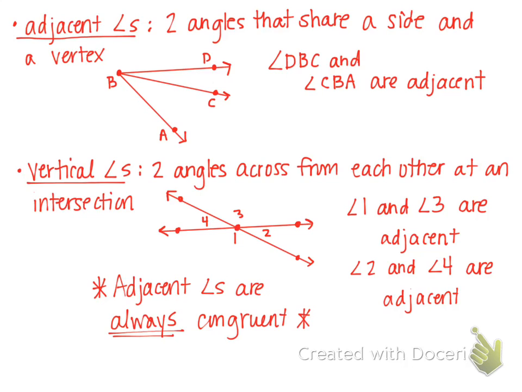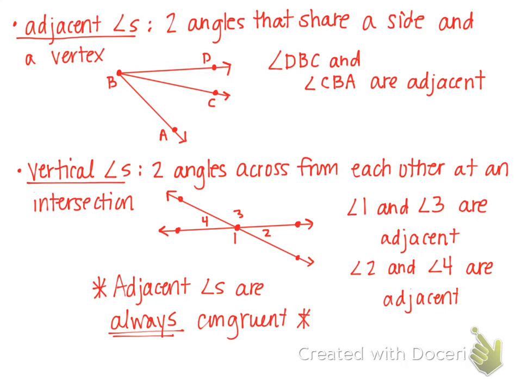So the side that they share is right here in the middle. We have ray BC that's shared, and also the vertex that's shared is B. So angle DBC, this angle right here, is adjacent to angle CBA, which is this angle right here. So those two angles are adjacent.